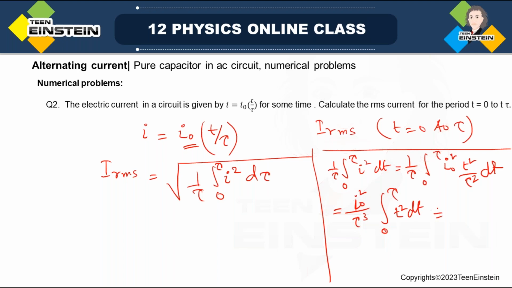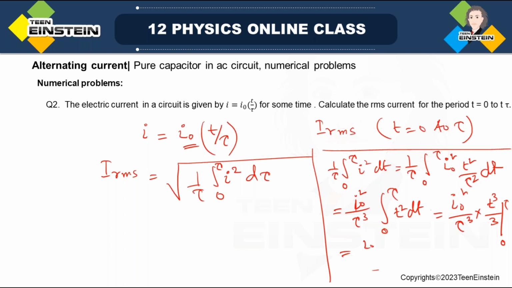So this will be written as t cube by 3, and this has limit 0 to tau.